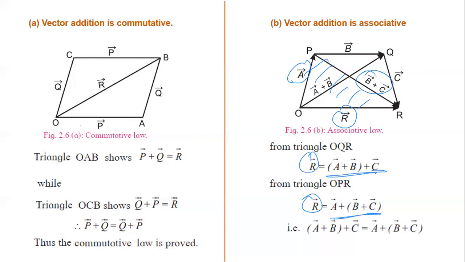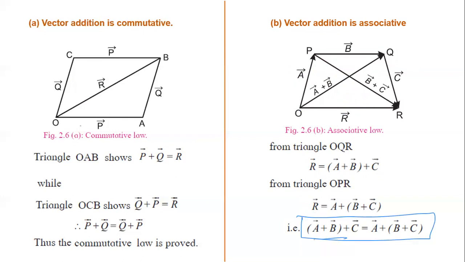So I can write here: A bar plus B bar in a bracket plus C bar is equal to A bar plus B bar plus C bar in a bracket. When both sides are the same, it is called associative. Associative law means anywhere we can put the bracket, we still get the same result.